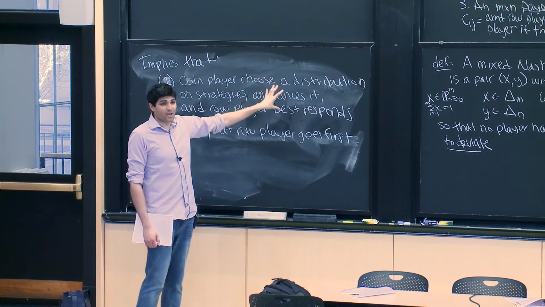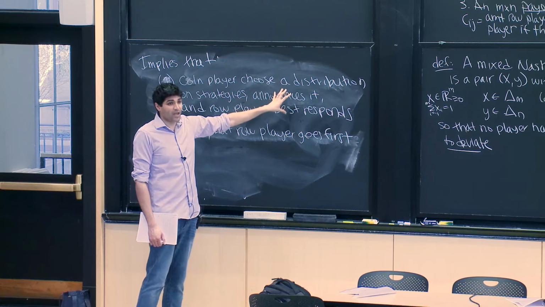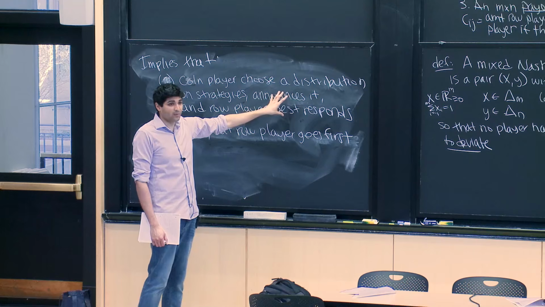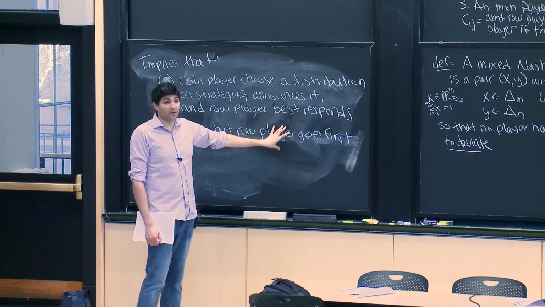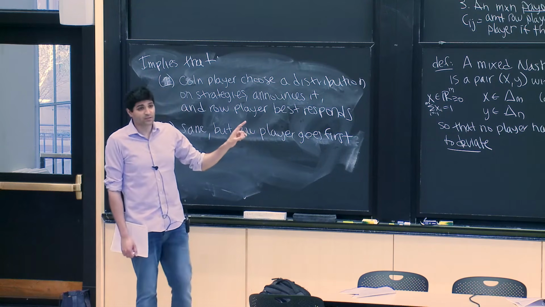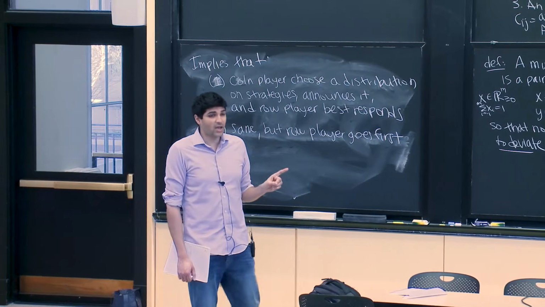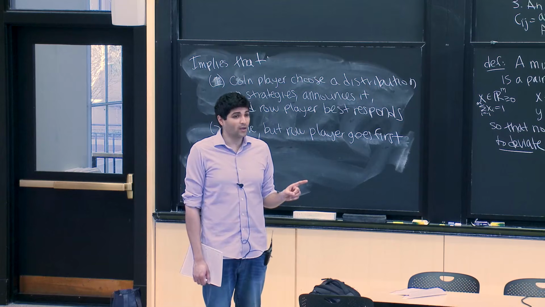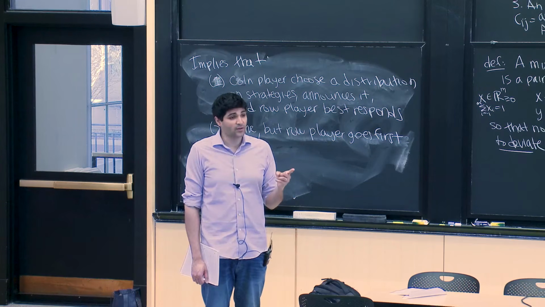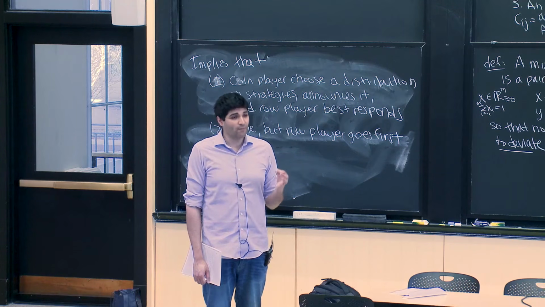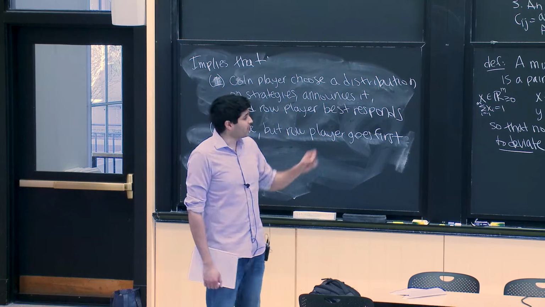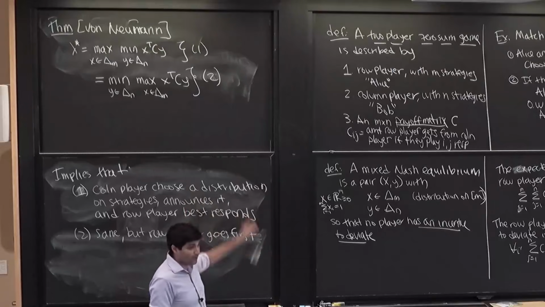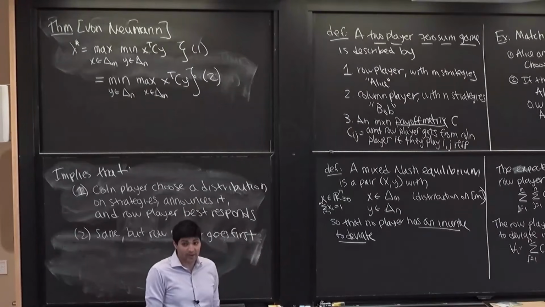One of the strategies comes from the scenario where it's unfair to the column player, and one comes from the scenario where it's unfair to the row player instead, who has to go first. So are there any questions? That's the first main punchline: all zero-sum games with two players are guaranteed to have a mixed Nash equilibrium. And that follows just from von Neumann's min-max theorem, which we're now going to prove. So any questions?